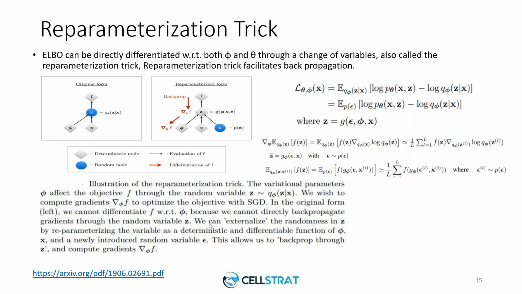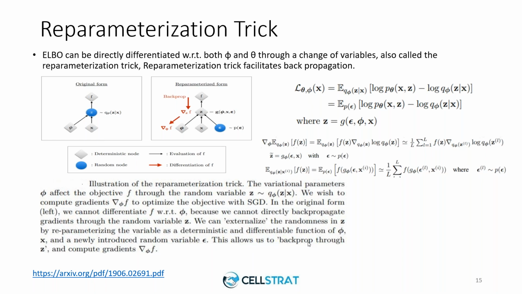Something interesting we can see is that in the original form we cannot differentiate f with respect to phi, because we cannot directly backpropagate gradients through the random variable z. We can externalize the randomness in z by reparameterizing the variable as a deterministic and differentiable function of phi, x, and a newly introduced random variable epsilon, which comes from a normal distribution.